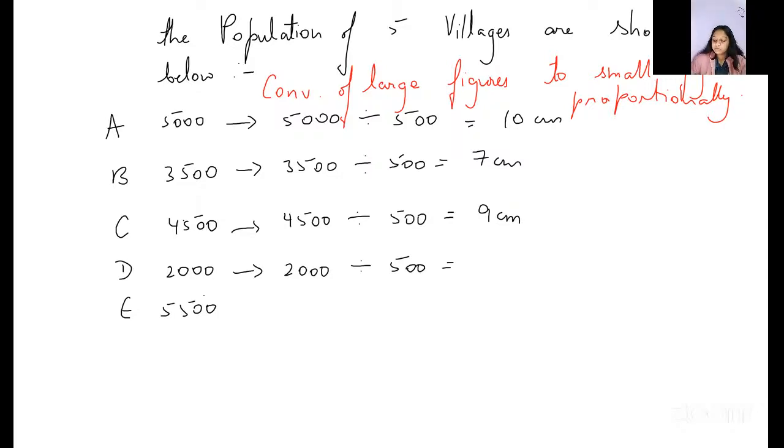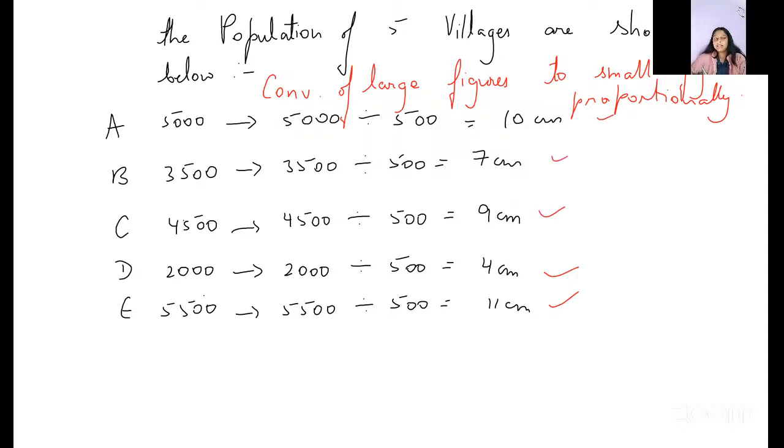It becomes 4 centimeter. And 5,500, I'll divide by 500 also, which will make it 11 centimeter. All right. So this is the new height. This 10, 7, 9, 4, and 11 is the new height.